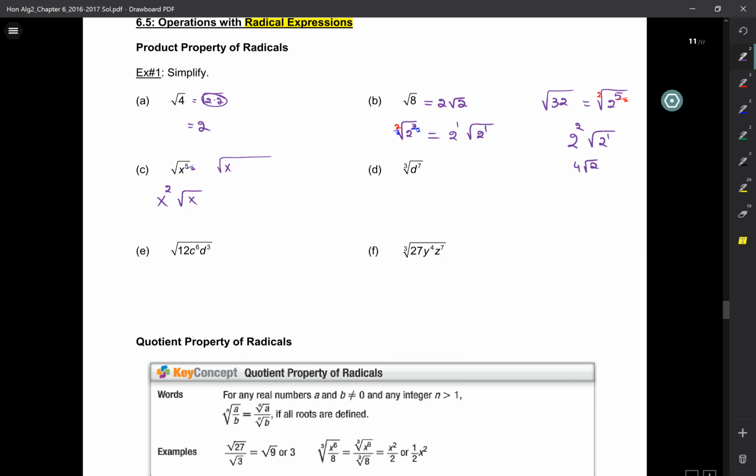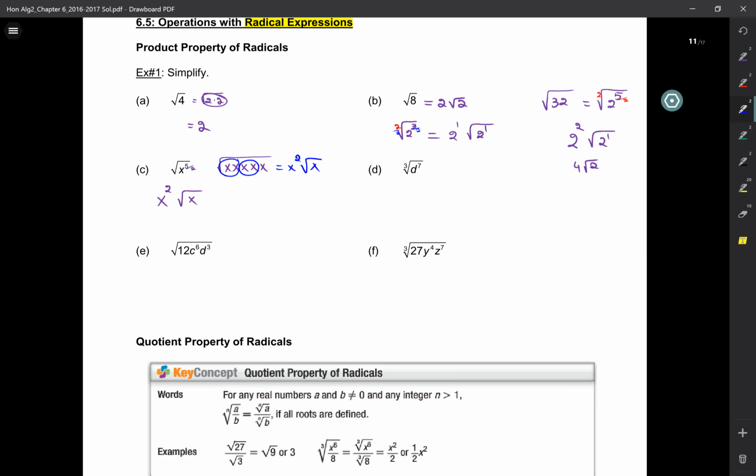We had x to the power of 5. I'm going to group them by 2's because it's a square root. So 2 x's come out for an x squared, and 1 stays in. You see how you get the exact same thing? So you can do it any which way you want.